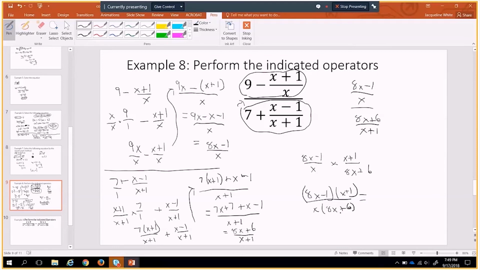A 2, so we could take out a 2 from here. So if we do that, it's going to be 8x minus 1 times x plus 1 over 2x times, if we take out a 2 from 8, it's going to be 4x. Take out a 2 from 6, it's going to be plus 3. And that is our final answer.